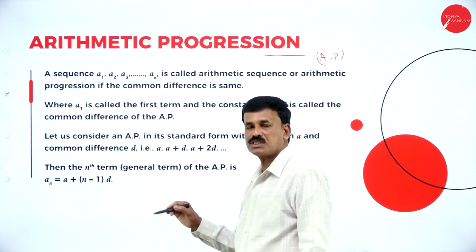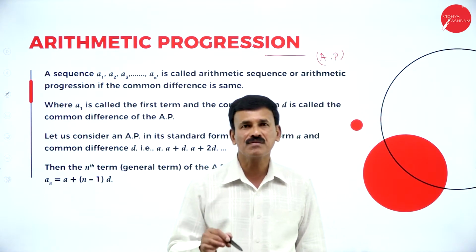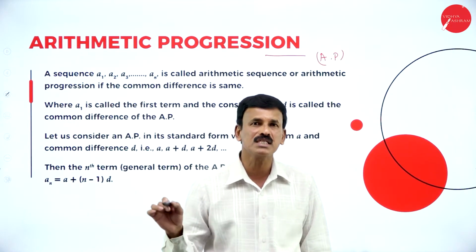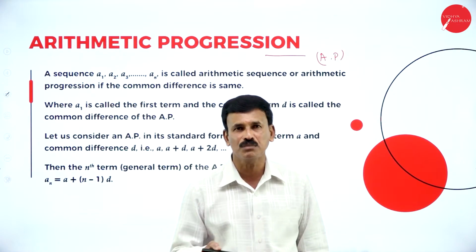What is arithmetic progression? You might have studied, if A is the first term and D is the common difference, if the common difference is same throughout the sequence, then that is called the arithmetical progression.